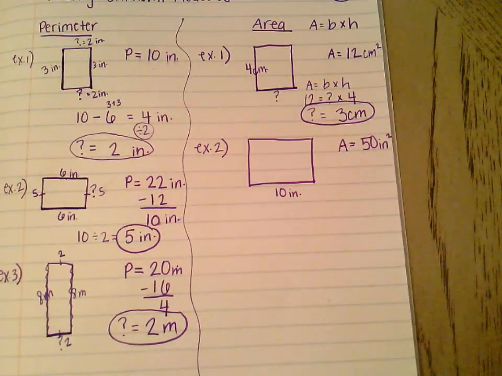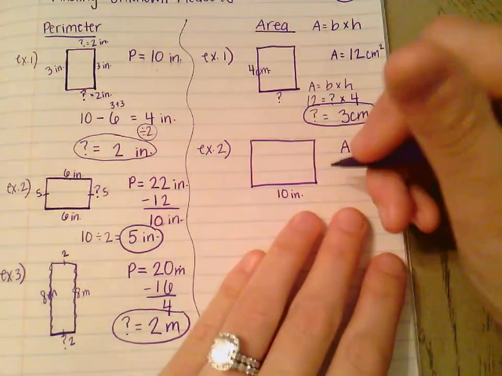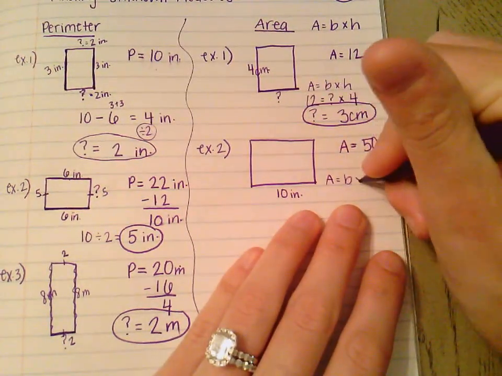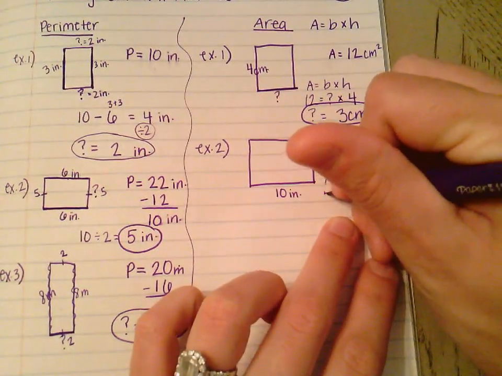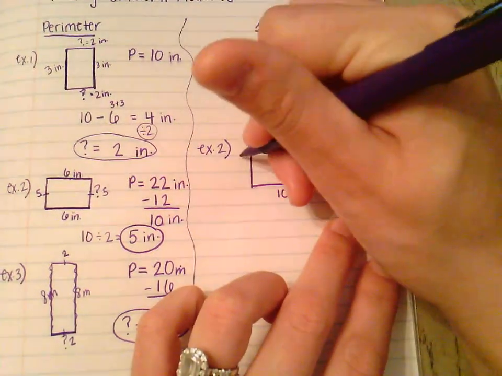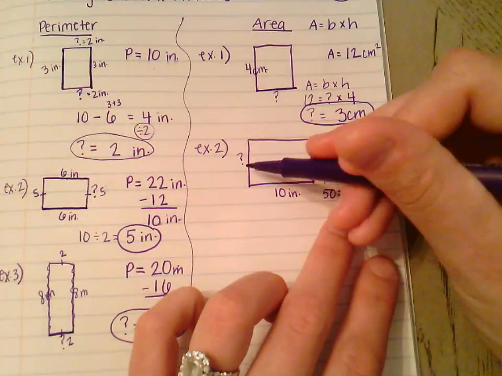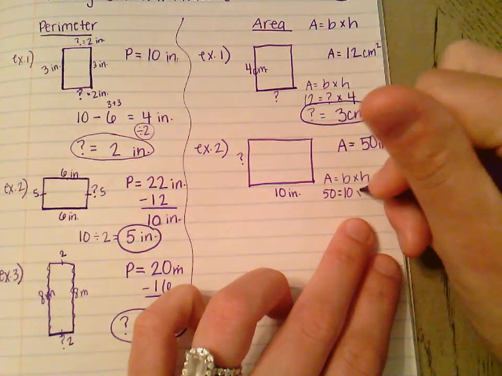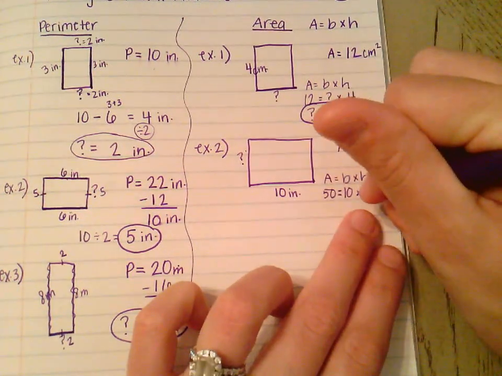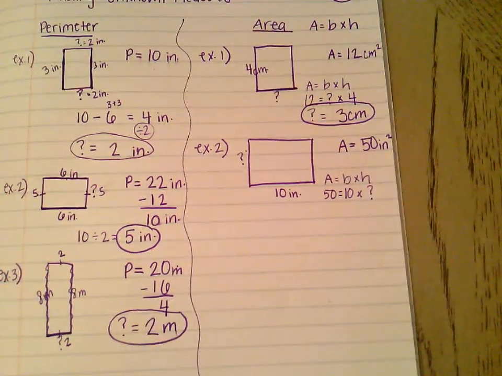Okay. So if area equals base times height, I know my area is 50. Height is what I don't know. My base is 10. And my height is my unknown number.